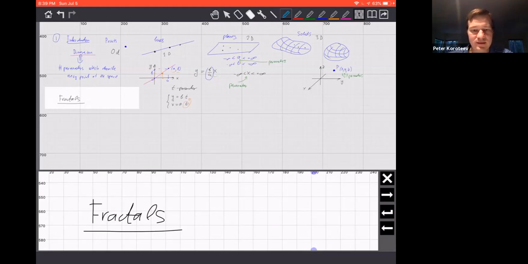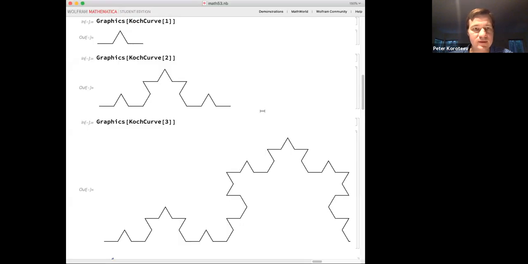Okay, so I'm going to show you some. Do you see these funny pictures with the spikes and stuff? I changed the screen sharing preferences.